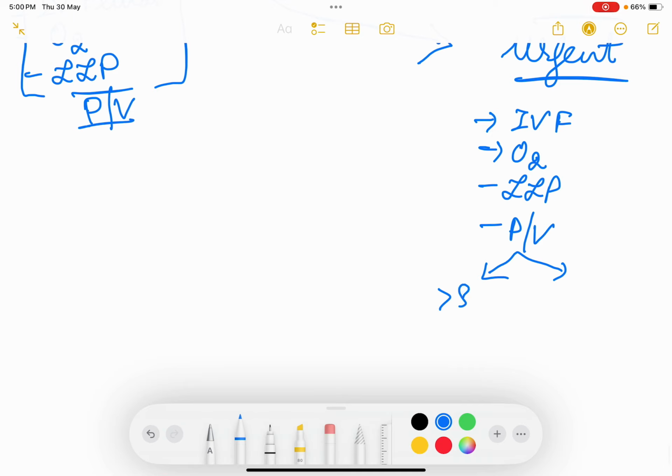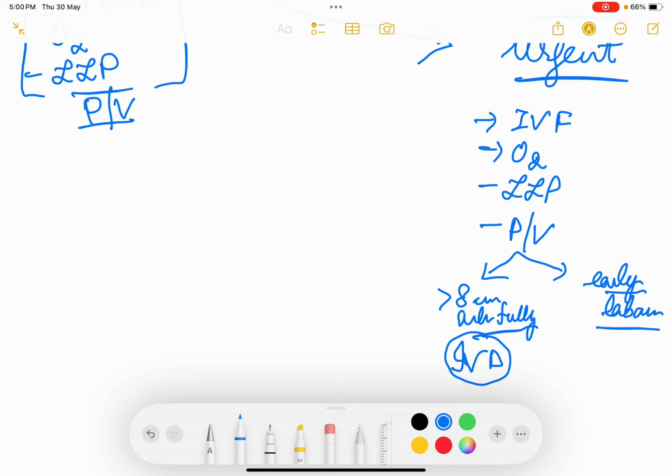If dilatation is more than 8 centimeters और almost she is fully dilated, in this case you go for instrumental vaginal delivery with forceps and ventouse and try to deliver very fast. Otherwise, if the patient is in early labor and patient's dilatation बहुत कम है, patient is not fully dilated, then you have to go for a lower segment cesarean section, emergency cesarean section, to save the baby.